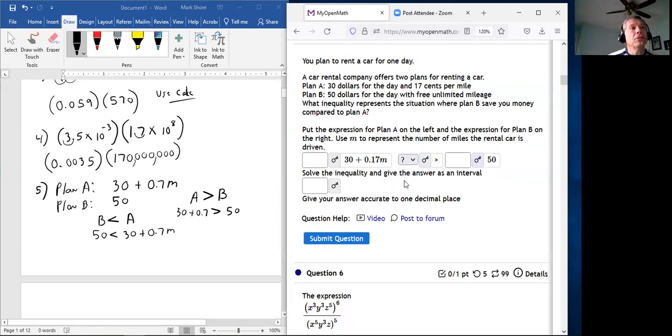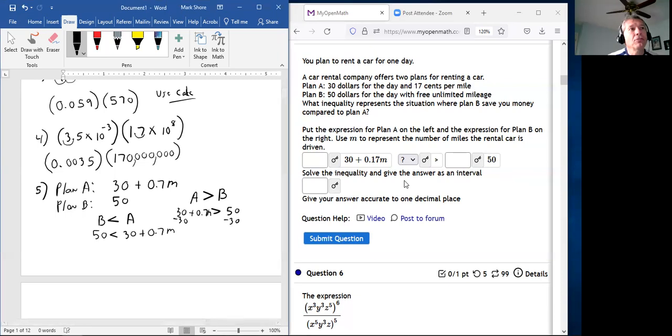So what I would do to solve this, there's an M here with this, is I would subtract 30 from both sides. And if I do that, I get 0.7 M equals 20. Divide through by the 0.7 on both sides. And whatever you get when you do this division is going to be your answer right there.